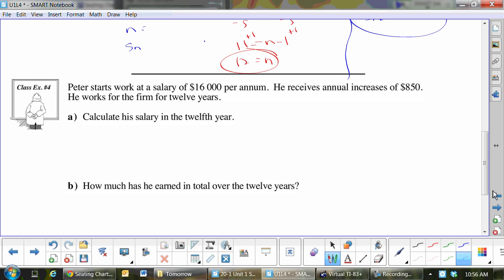A says calculate his salary in the 12th year, and B says calculate the total earned over 12 years. What's the difference between these two questions? What is A asking for? T12. B is asking for S12. And this is a really easy question, so I'm not going to go through it. I know you guys know how to do it.